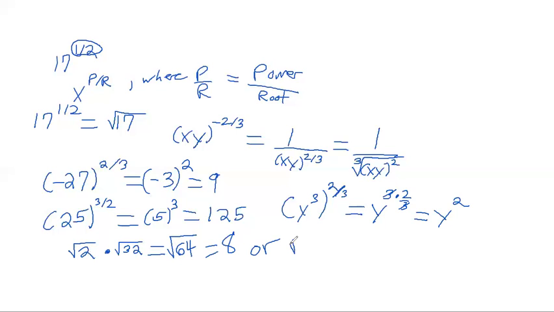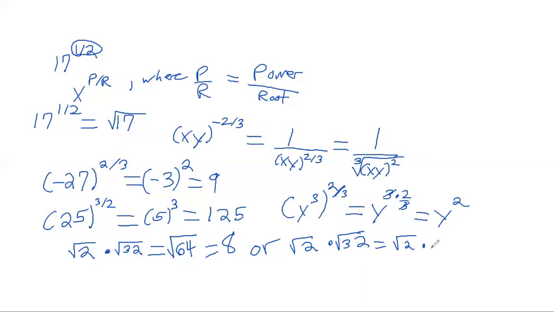Or another way I can look at it is I can simplify the square roots first. Square root of 2, I can't do anything with that. That's as simplified as it can go. Now, square root of 32, let's see if we can break that down. We want to try to find two numbers that multiply to 32, one of which is a perfect square. I know 16 times 2 is 32, and I know 16 is a perfect square.